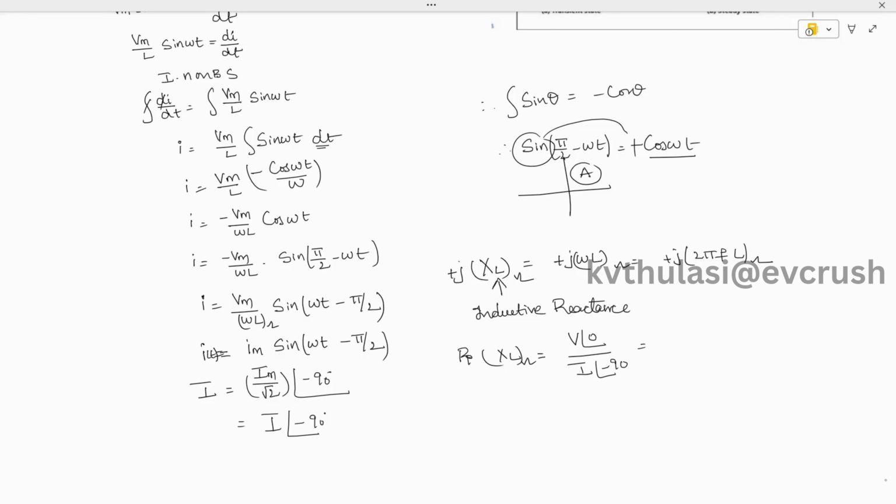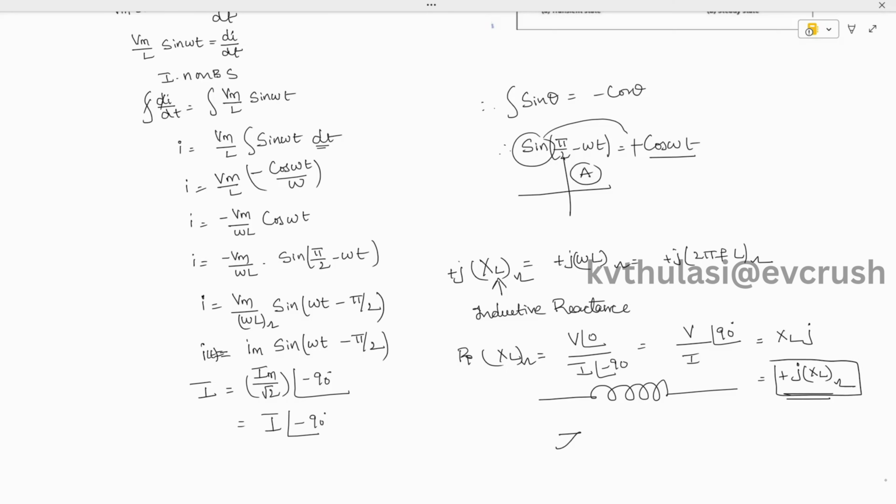So therefore we can write it as V by I at an angle of 90 degrees. So this V by I we can call XL, and this J we can write as plus J. Therefore the inductor will be written as plus J XL ohms. This is what you have to understand for an inductor, how to write the resistance with the polarity of plus J XL ohms.